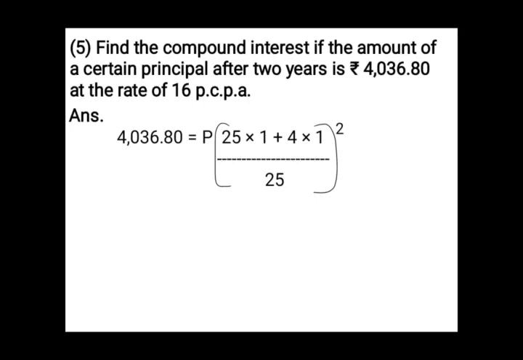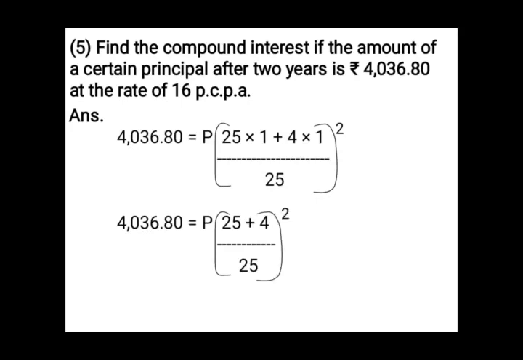That is, 4036.80 is equal to principal in bracket 25 ones are 25 plus 4 ones are 4 upon 25, raised to 2. Next step, you have to add on the numerator in the bracket.